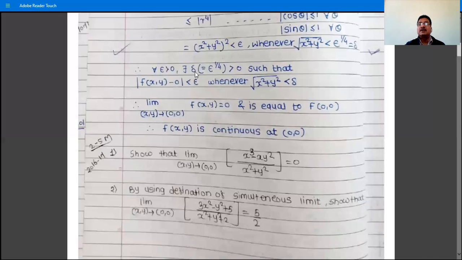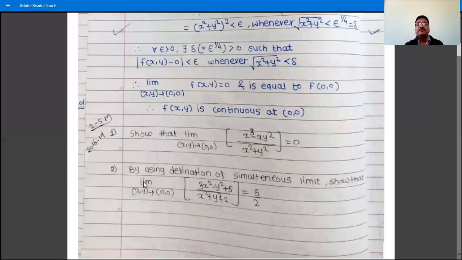So for every epsilon greater than 0, delta equal to epsilon raised to 1 by 4 is greater than 0, so that mod f(x,y) minus 0 is less than epsilon whenever root x square plus y square is less than delta. Therefore this limit exists and is equal to 0, which is f(0,0), and therefore f(x,y) is continuous at 0, 0.